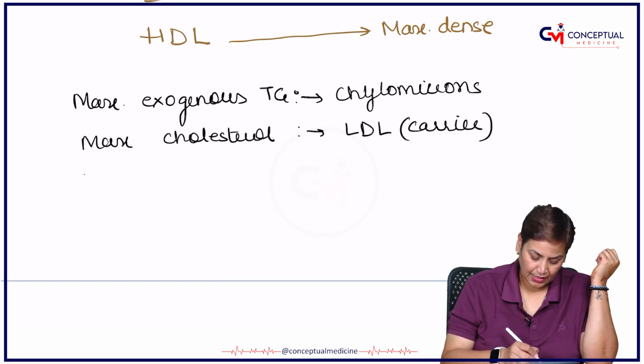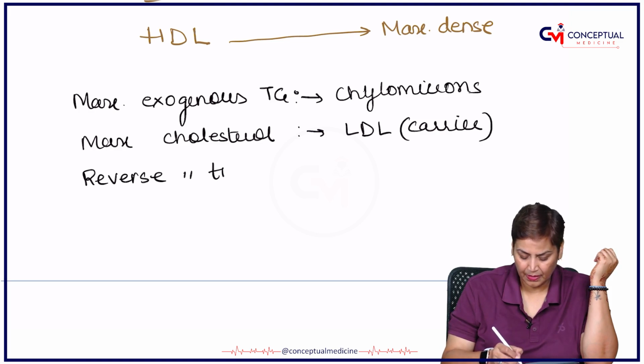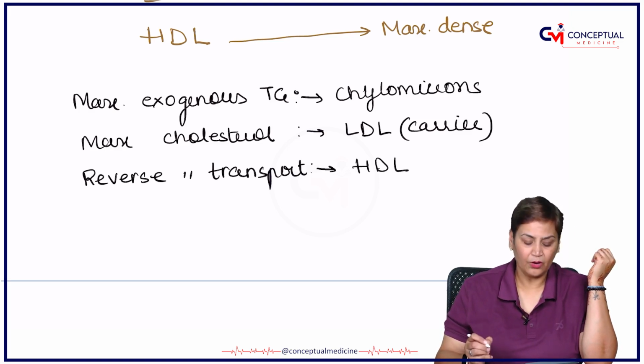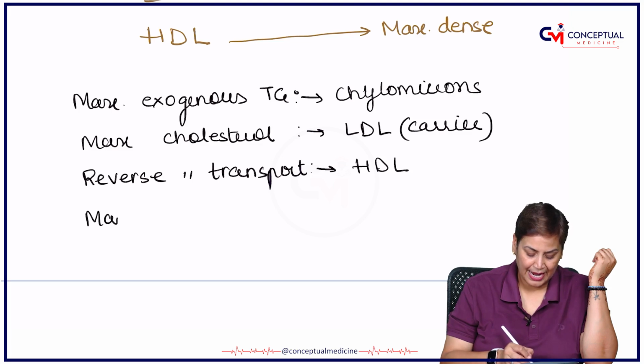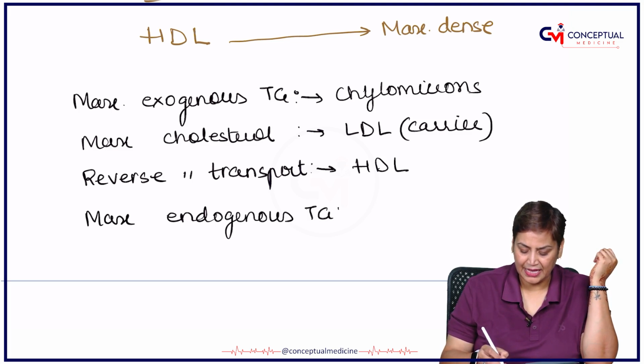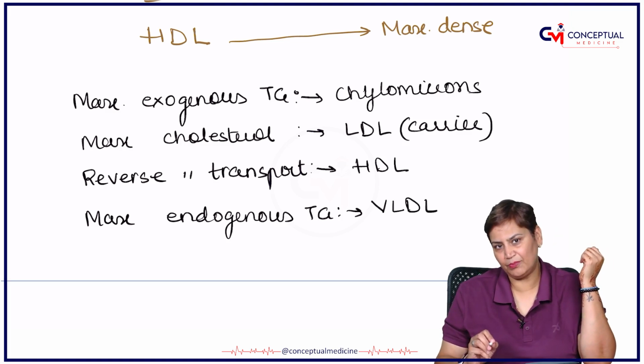Then, reverse cholesterol transport: HDL. Okay, and maximum endogenous TGs will be carried by VLDL, very low density lipoproteins.